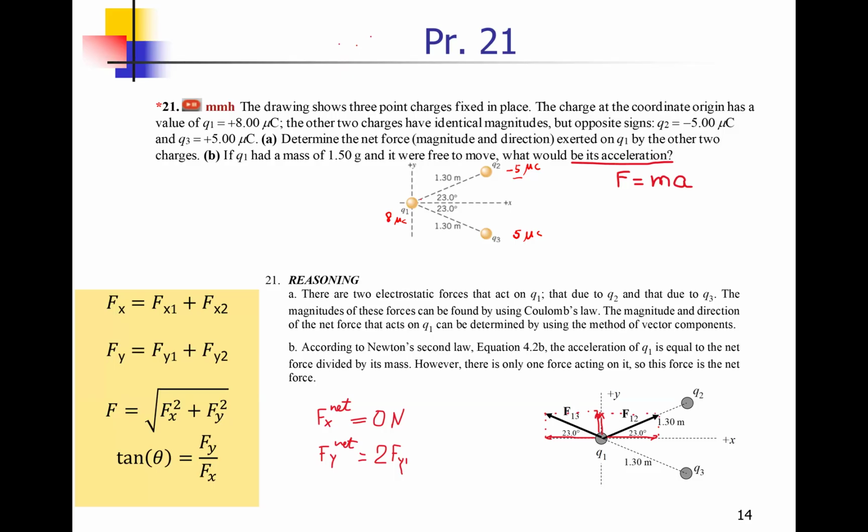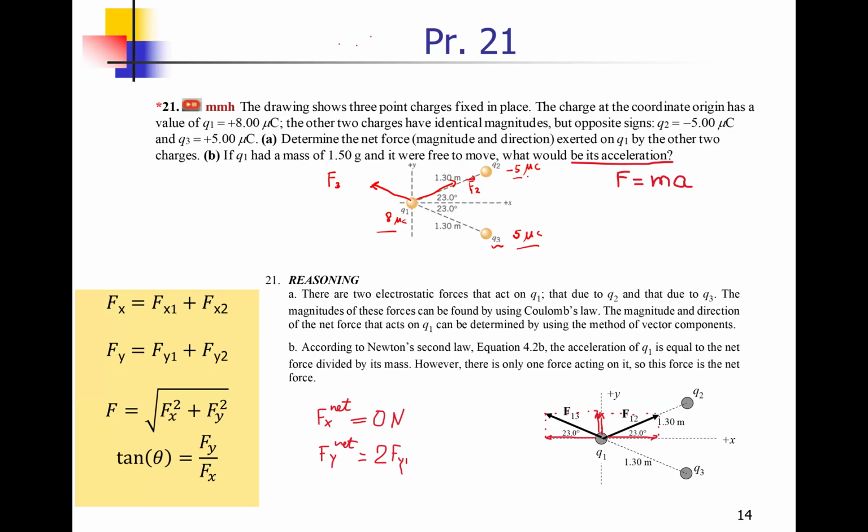So they will attract each other, and there's a force F2 by charge 2, here, okay? Then we have another one here, by charge 3. This is positive and positive, so they will repel each other, and the force will look like this, and this will be our F3.